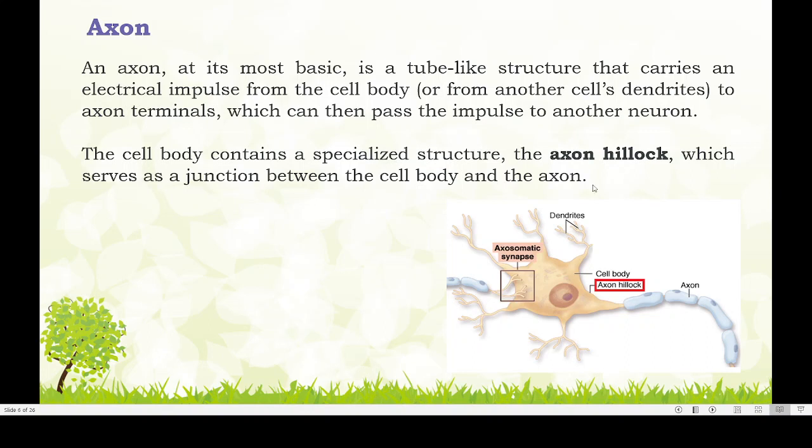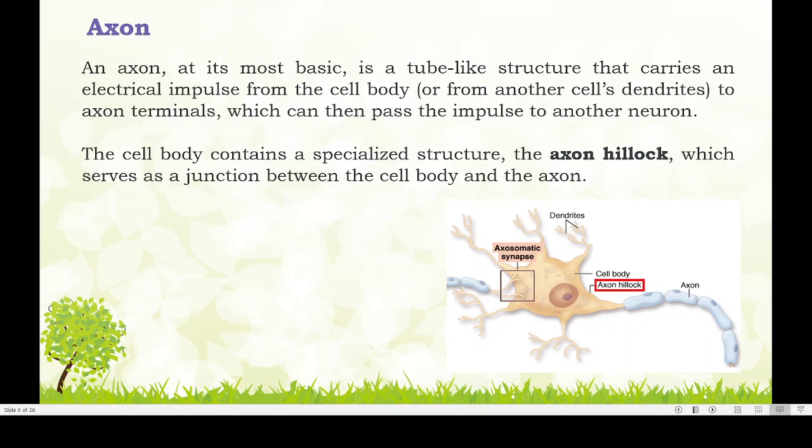Then the cell body contains a specialized structure which we call by the name axon hillock, and which serves as a junction between the cell body and the axon. Here you can see there is a conical projection, and that conical projection is known by the name axon hillock. Hillock simply means a small hill.